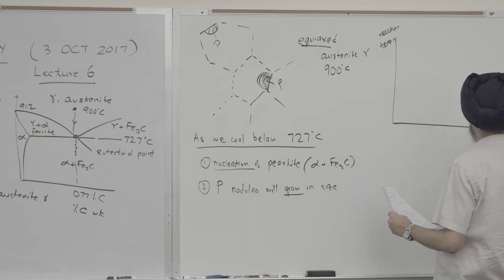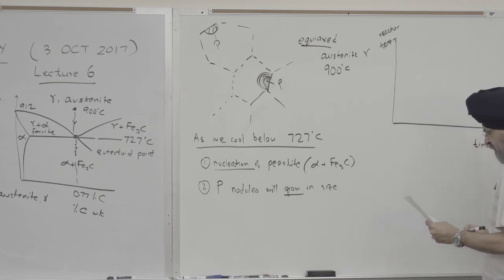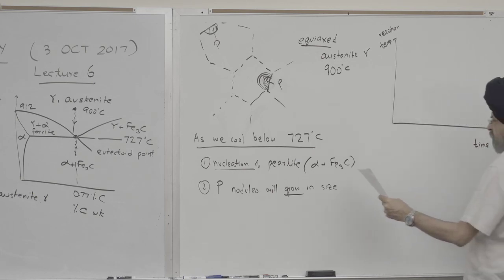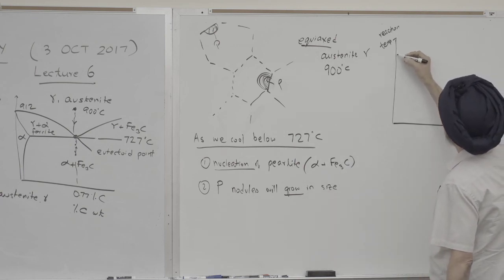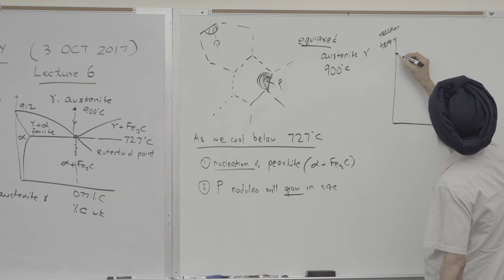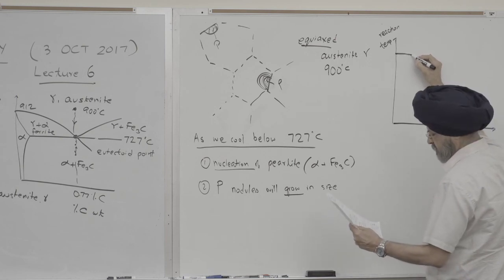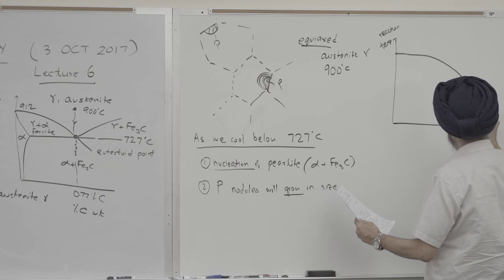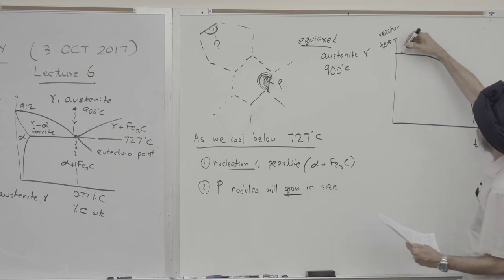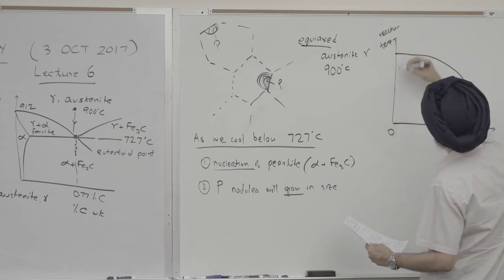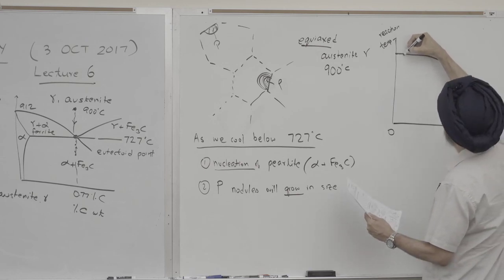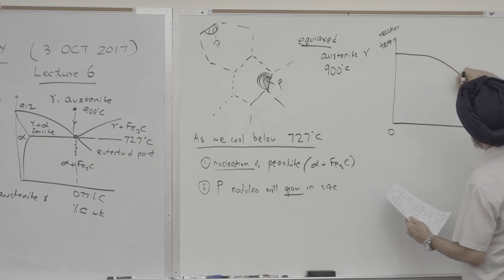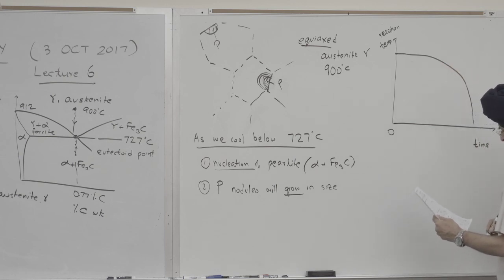And this axis is time. So if I draw the growth rate, no, let me draw the nucleation rate. So nucleation rate is, so this is 0. So at this point, nucleation rate would be 0. And then as you cool the steel down, the rate increases, right?